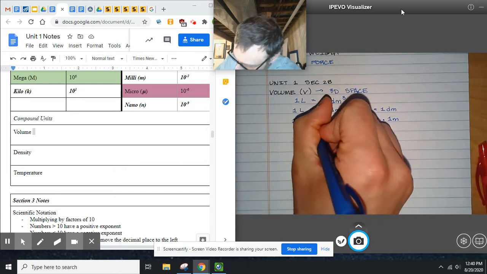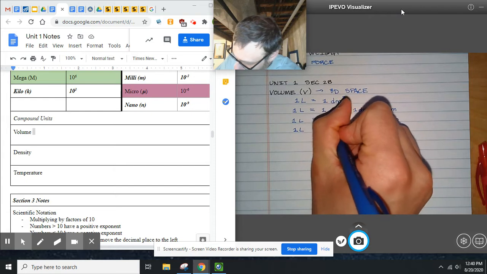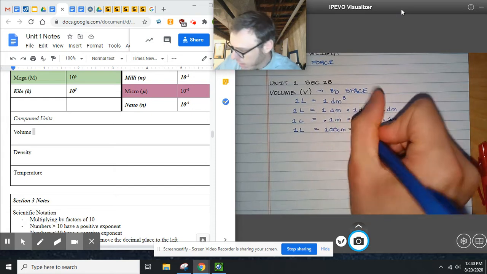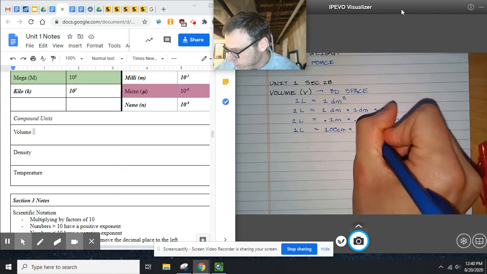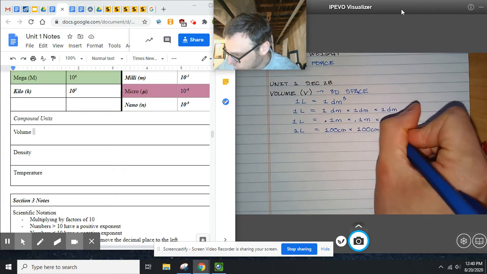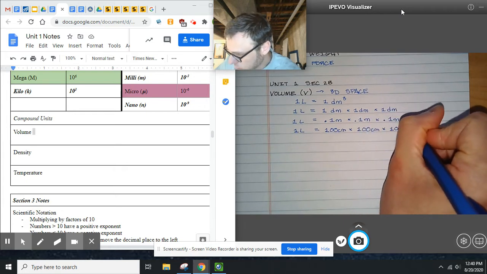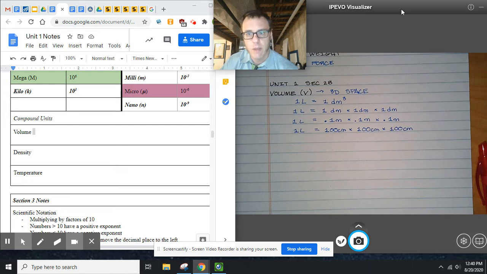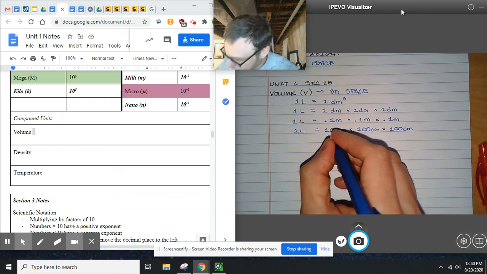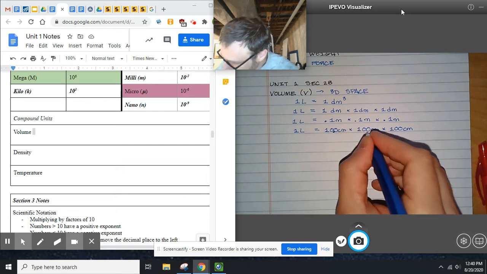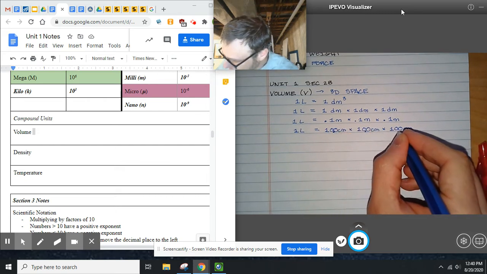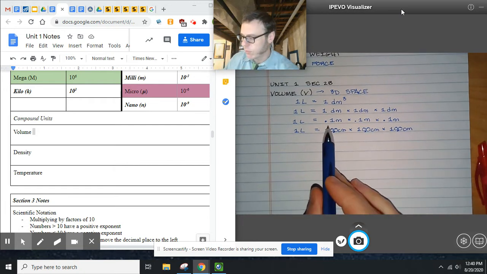1 liter equals 100 centimeters times 100 centimeters times 100 centimeters. All right. Now, I think you can, nope, that actually equals 10 centimeters. 10 centimeters, 10 centimeters, because it's 0.1 meters.